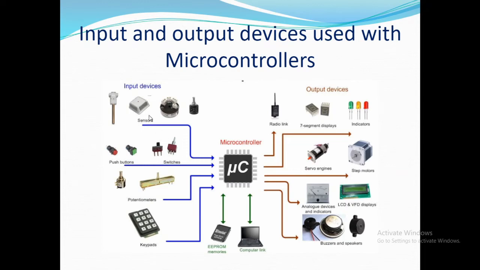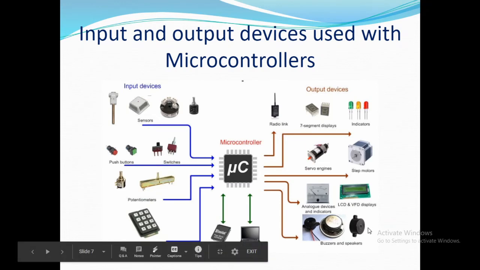The data which it receives from sensors and switches is processed by the microcontroller, and it generates commands for the servo motors, stepper motors, etc. And it gives the status of the system to various output devices like LEDs, 7 segment displays, small LCD displays, analog meters, buzzers, or speakers.